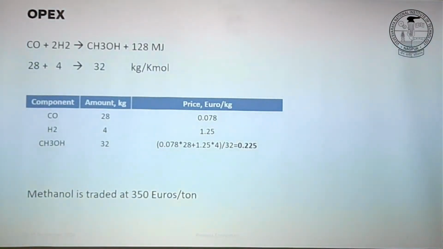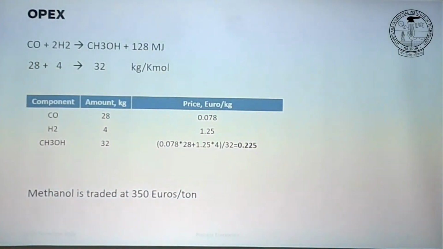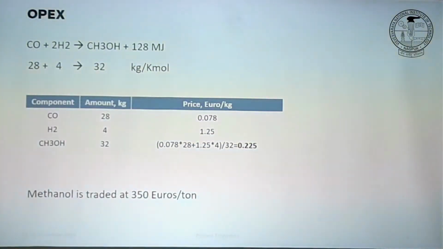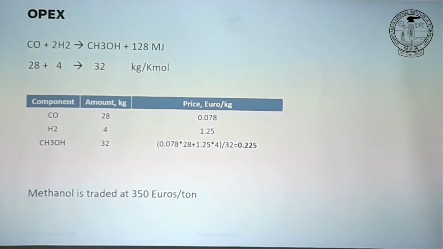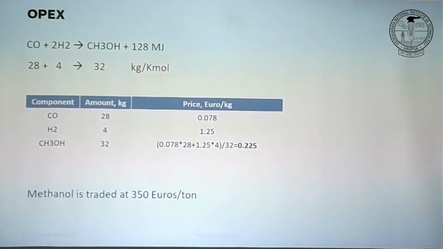Your estimation must be as accurate as possible, but you could imagine, during the conceptual stage, what we saw in the last 2-3 days, all you have is a block flow diagram, one sheet of paper. So for estimation of cost, capex or anything else, you apply several factors, and these factors are established based on years of experience and previous knowledge, right?